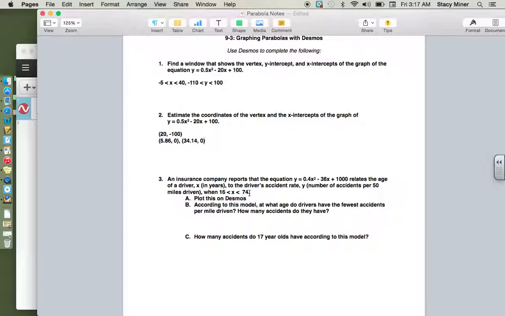So this means on our x-axis we're going to be looking at how old the driver is, and we're specifically looking at 16 to 74 years of age. And then my y-axis is going to tell us how many accidents those ages have had per 50 miles that they've driven. So plot this on Desmos.